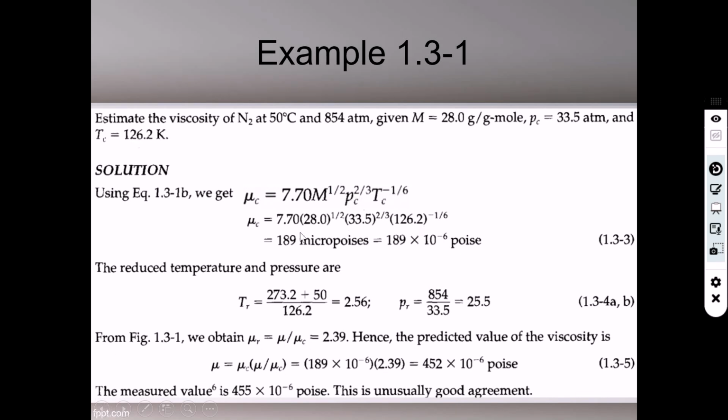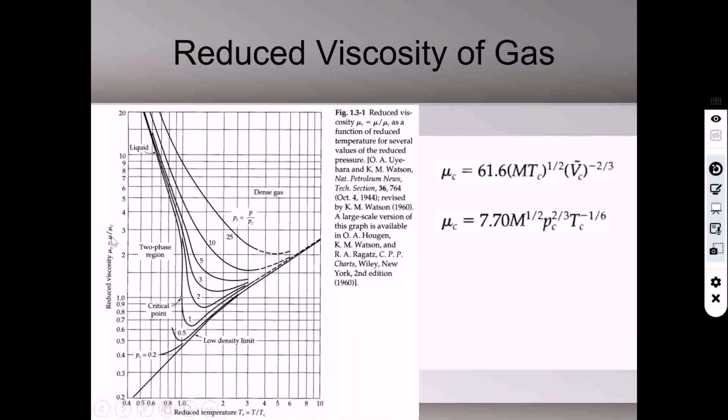You put that here, and then you get a critical viscosity. Then you want to get the relationship between the critical viscosity and the viscosity. But in order to get that, you need two pieces of information. One is the PR, the P divided by PC, the critical pressure, and the other is TR, T divided by TC.